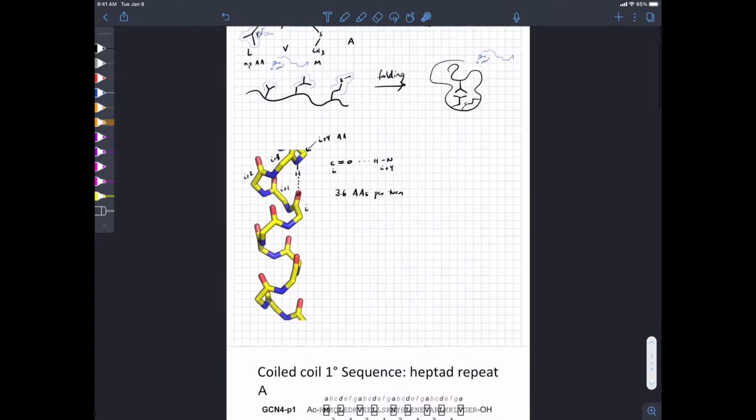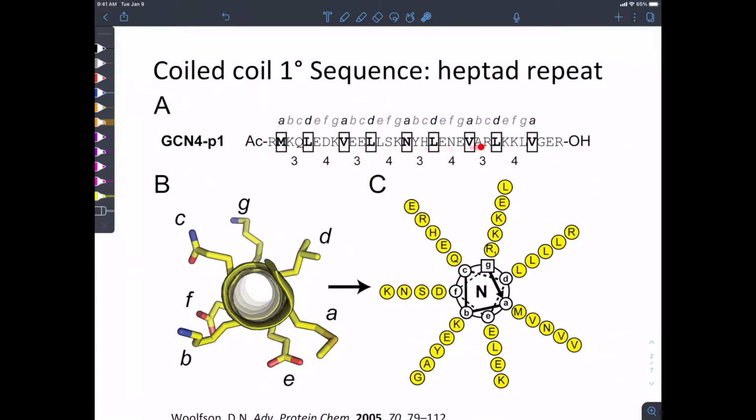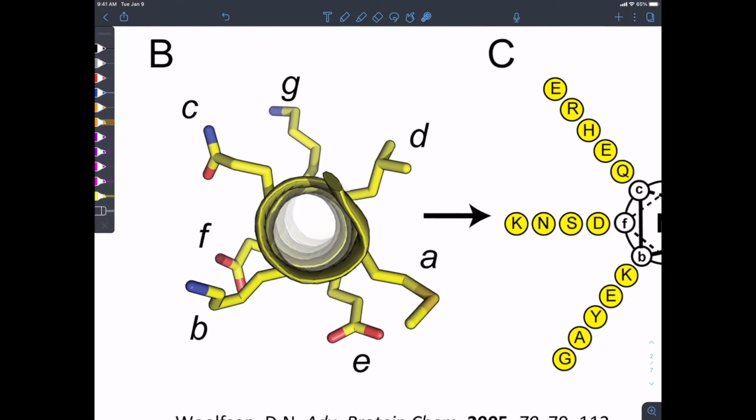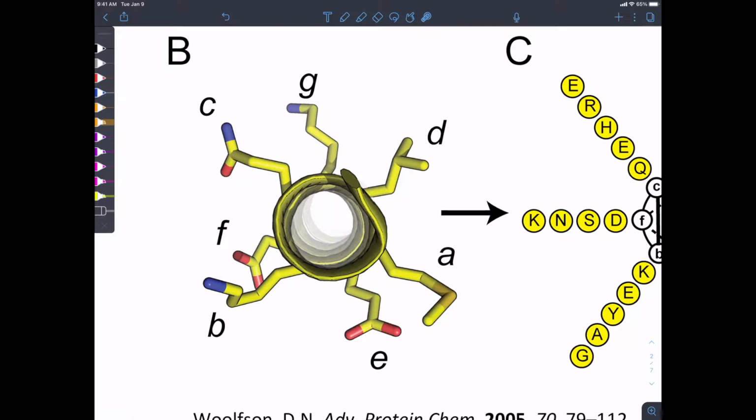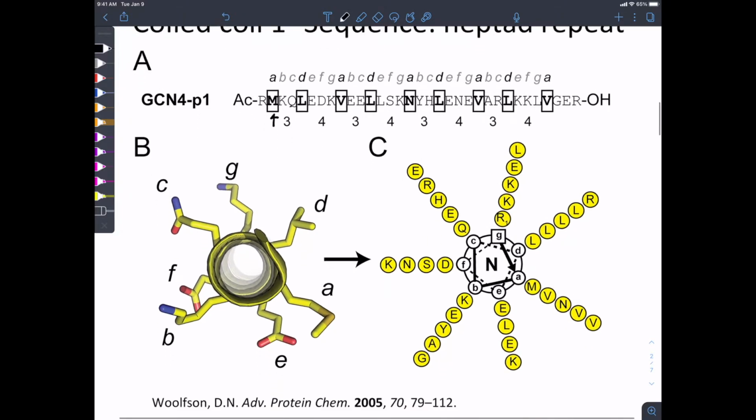So let me show you what that looks like. Here's the same sequence that we have above with the A and D positions highlighted. And this is looking down the alpha helix from the N terminus. And we're basically starting with the first A position residue right here.